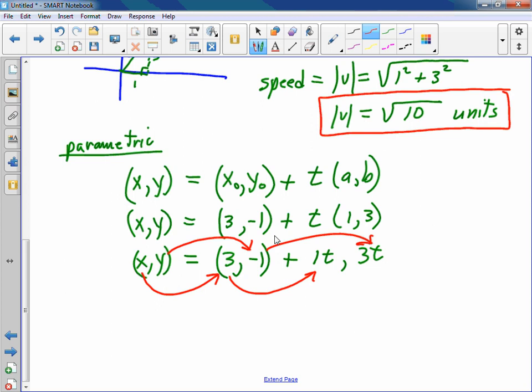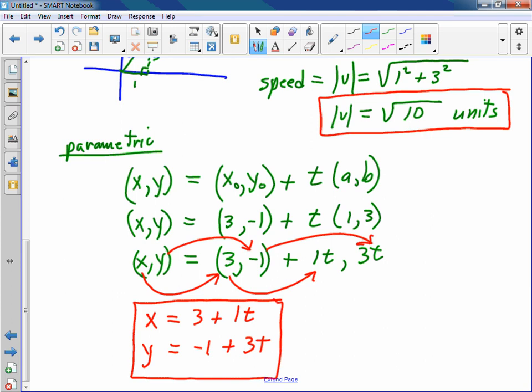And so now we can say x equals 3 plus 1t, or just t, and y equals, it's not so bad, negative 1 plus 3t. And there's my parametric equation. See? You can do it.